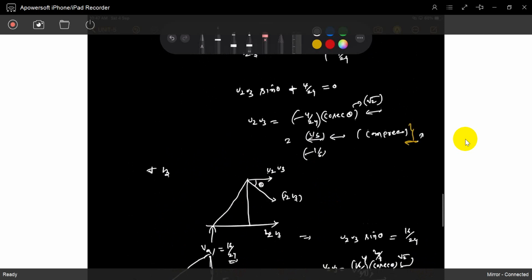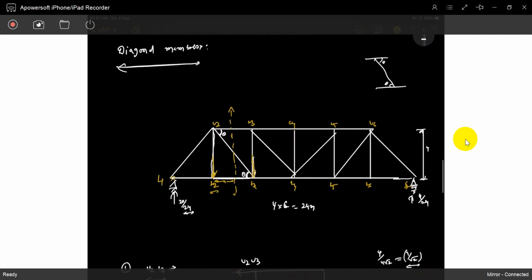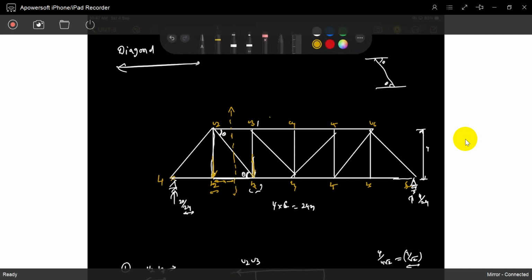Now you can easily write down the influence line for U3 L4. U3 L4, you can cut it. Up to L3, it represents VB. From L4, it represents VA.